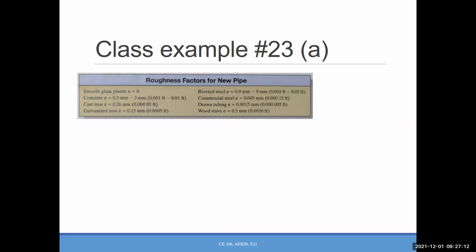For cast iron, we have what? This one, right? So epsilon is 0.26 millimeter. And we need to calculate epsilon over D. Since this one is in millimeter, I will use 65 so that the units get cancelled. And this number gives me a decimal, not in terms of 10 to the power something.